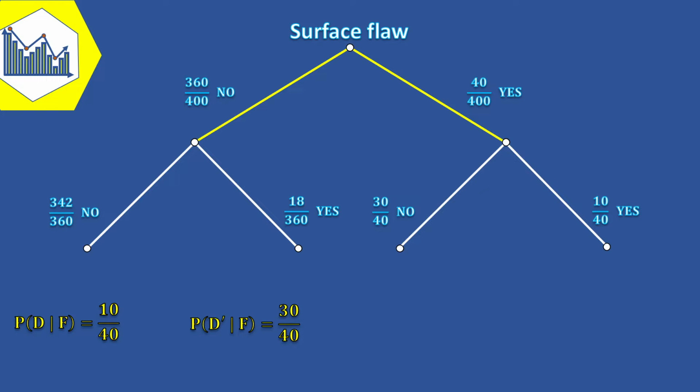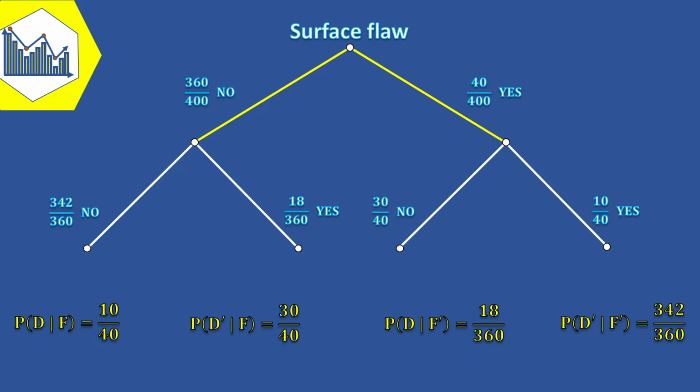Of the 360 parts without surface flaws, 18 are functionally defective and 342 are not. Therefore, the probability of D given F prime is 18 over 360, and the probability of D prime given F prime is 342 over 360.